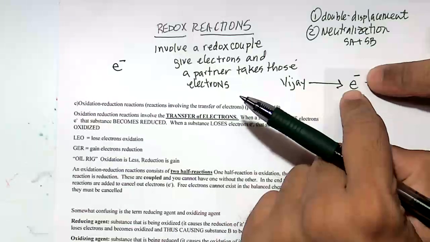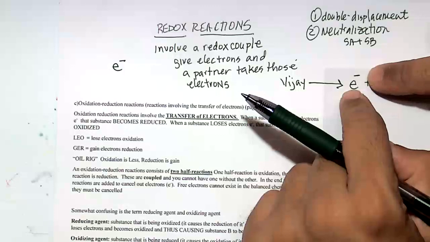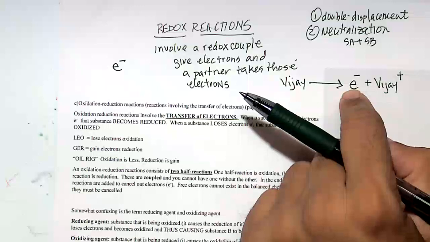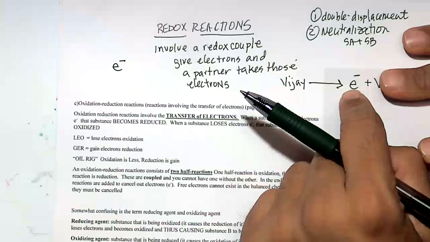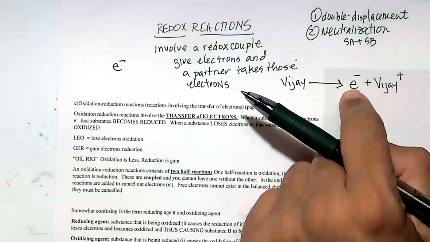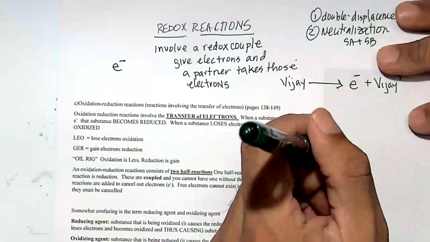In fact, free electrons floating around are really bad for your cells. There's a disease called ALS, amyotrophic lateral sclerosis, where free electrons react with your membranes and neurons, and you get paralysis. So these are really bad from a health standpoint.